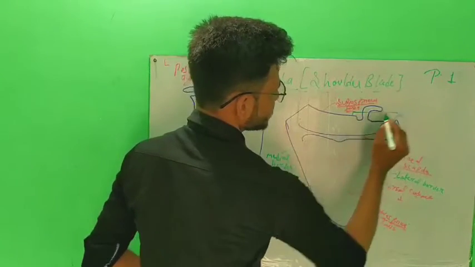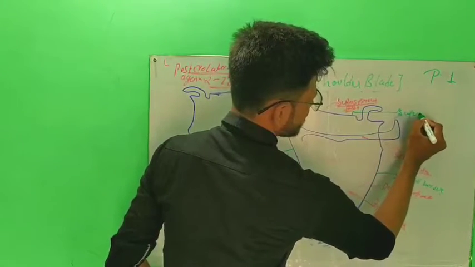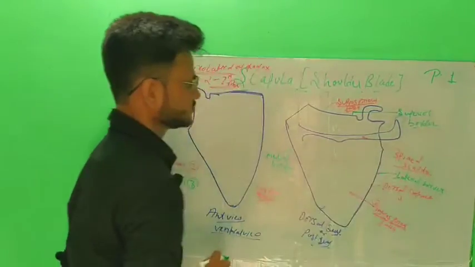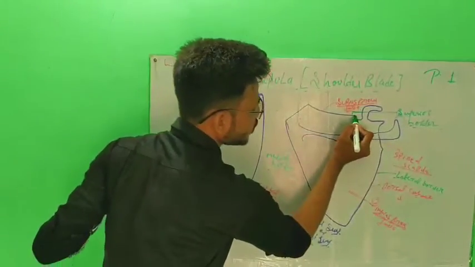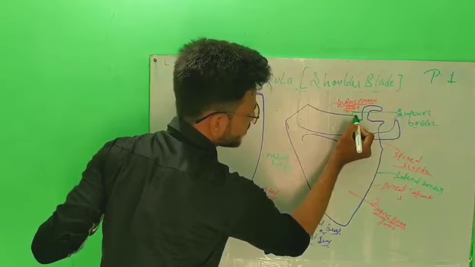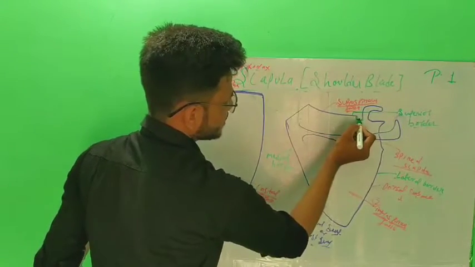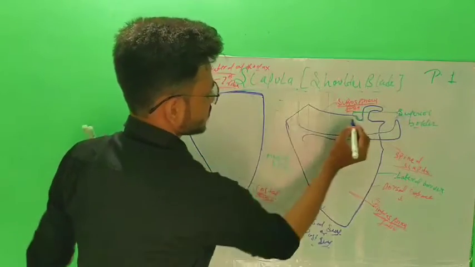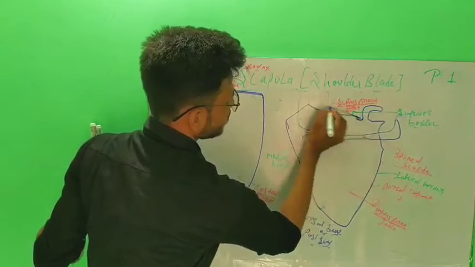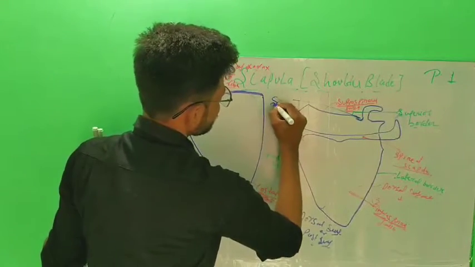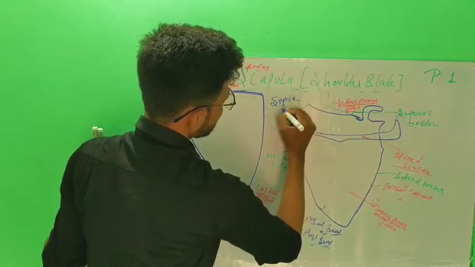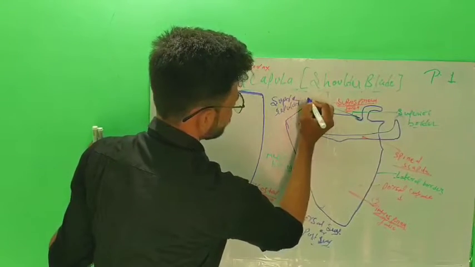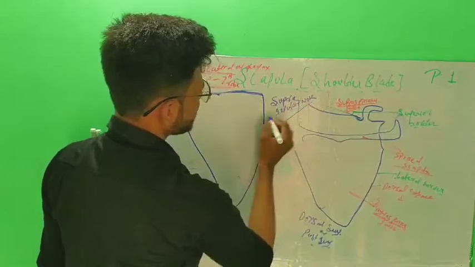This border is our superior border, and the superior border has a notch. This notch is called the suprascapular notch. Why is it called suprascapular?